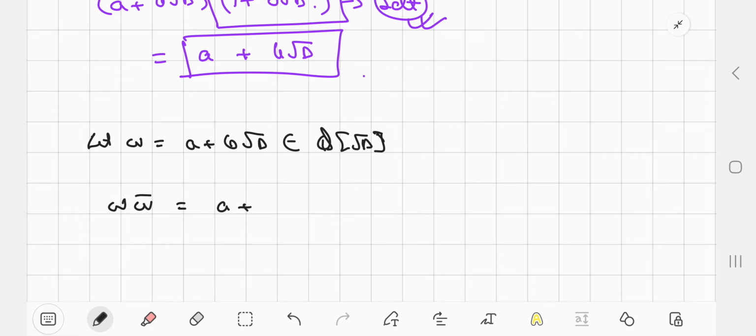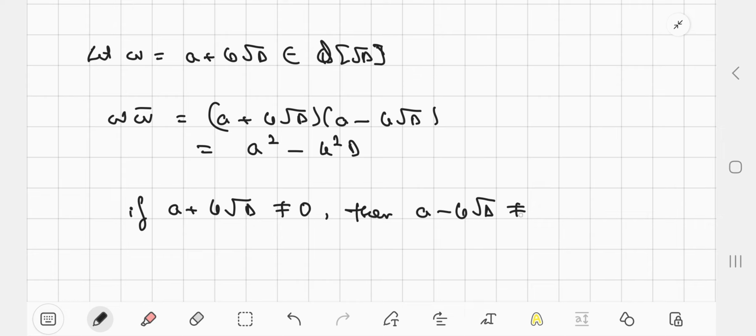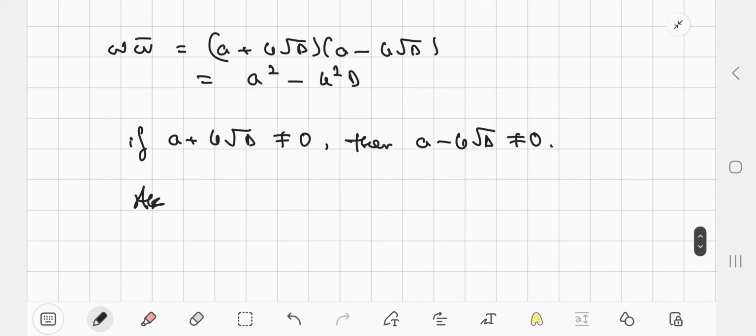It is basically A plus B root D times A minus B root D, which, if you carefully observe, comes out as A squared minus B squared D. Now if A plus B root D is non-zero, then A minus B root D is also non-zero, and A squared minus B squared D is also non-zero.